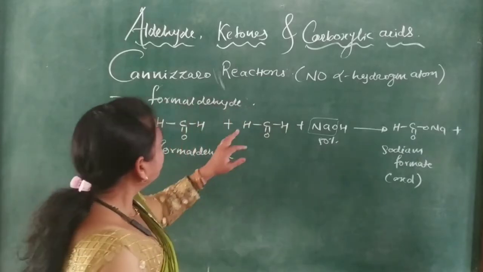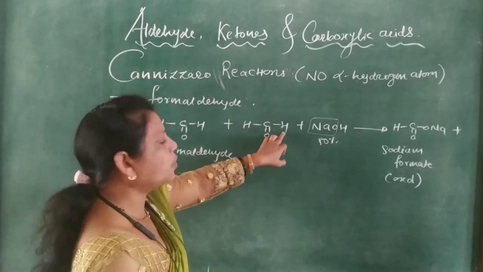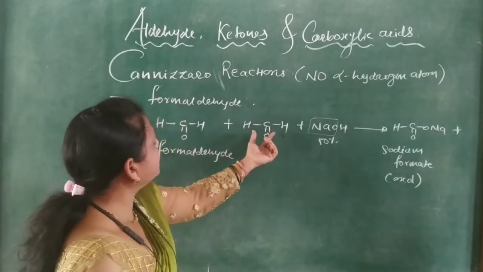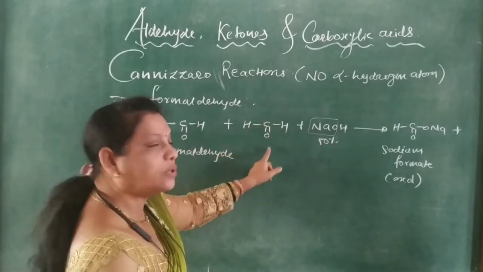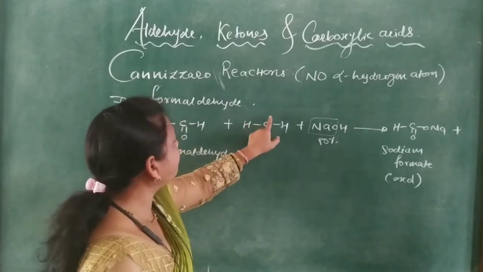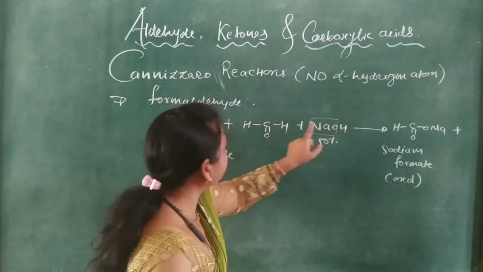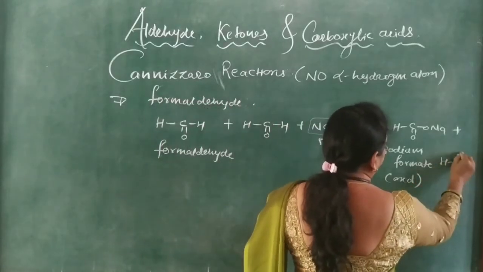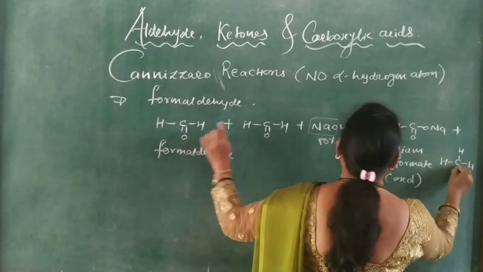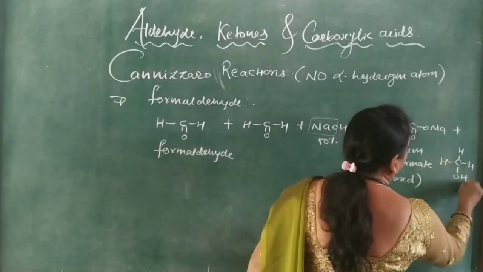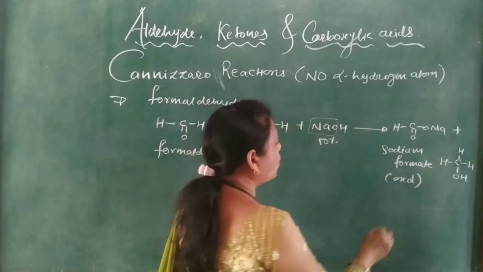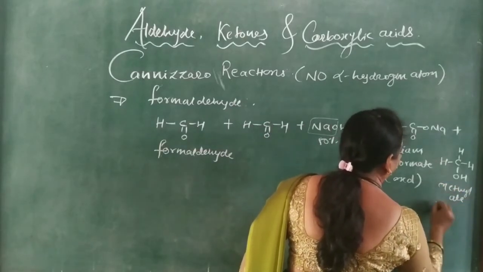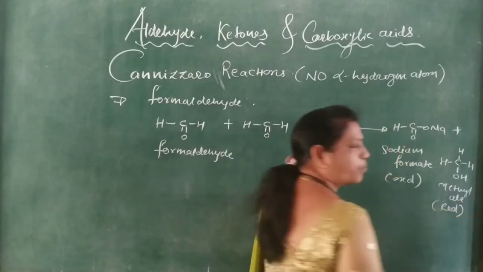Then another formaldehyde molecule, HCHO: the double bond O gets converted into a single bond, and H combines with this carbon and the H from OH combines with this oxygen, to form methyl alcohol, and this is the reduced product.